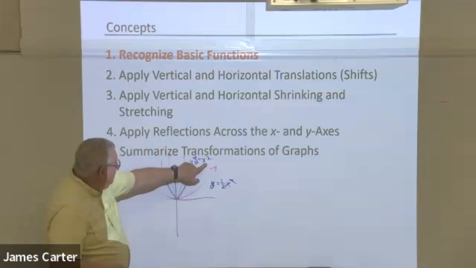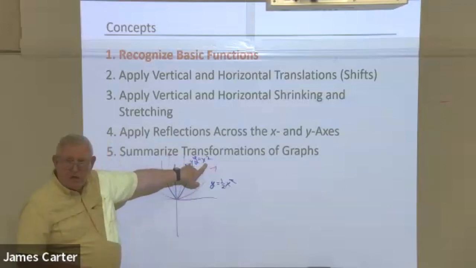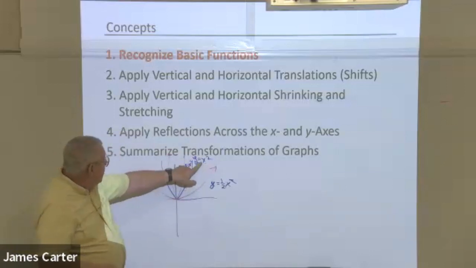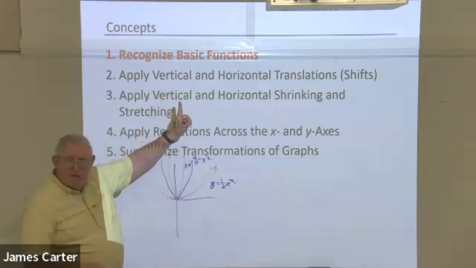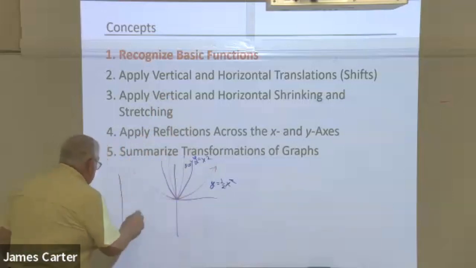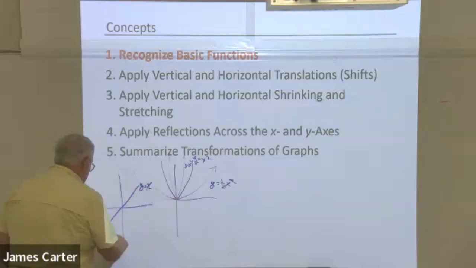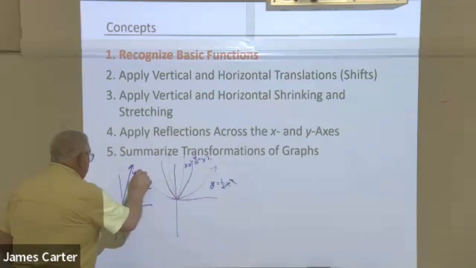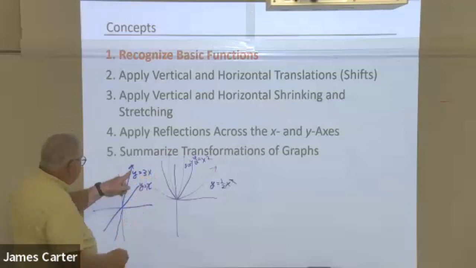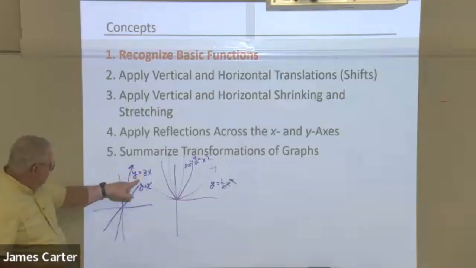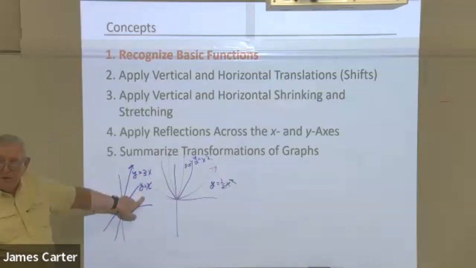If we just simply have this equation, y equals x squared, and we multiply it by 3, it's going to go up a lot steeper. Just like if I had y equals x, and I had y equals 3x, this line would go up as steep as that one.